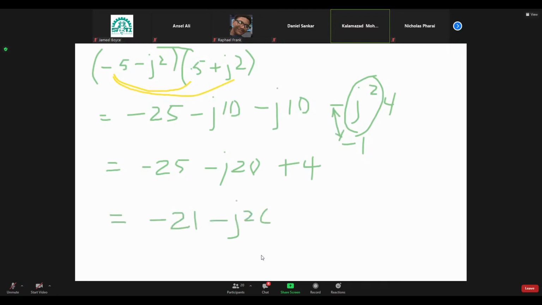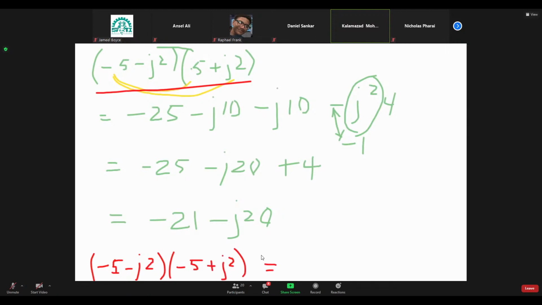Now I want you to notice something here. Let's take a look. If I had put minus 5 minus j2 multiplied by minus 5 plus j2, there's a difference.